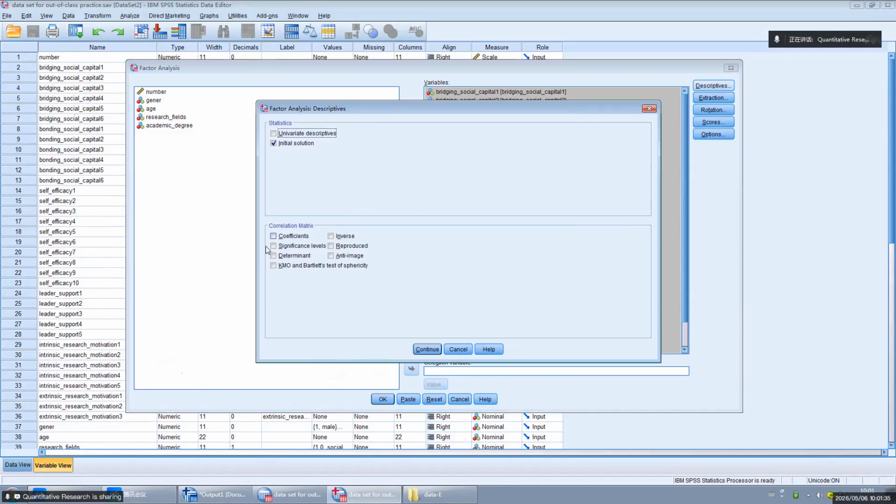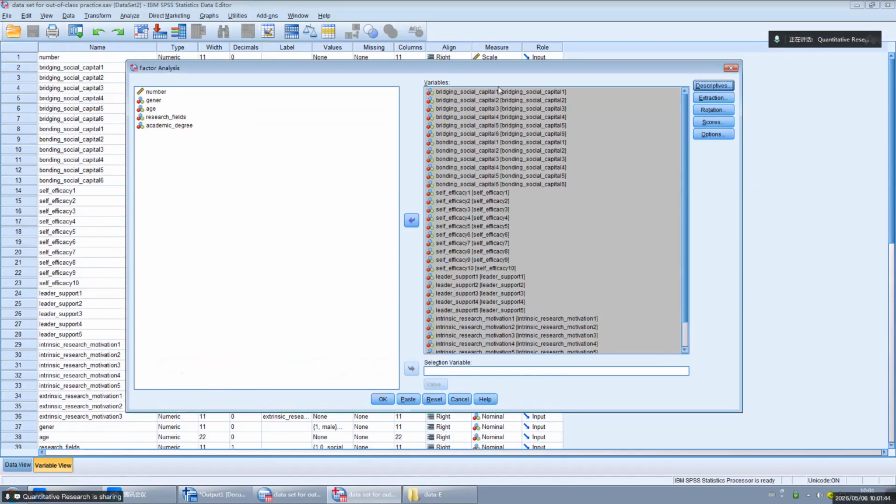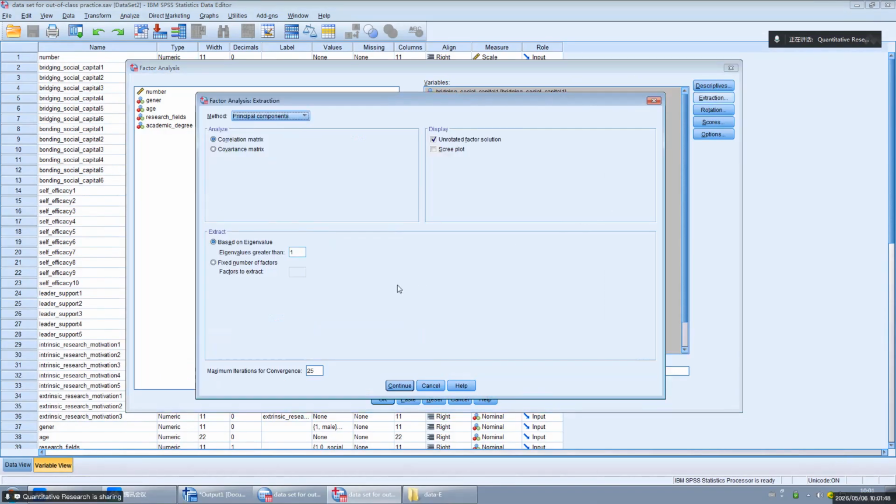And then we have to select KMO, then continue. For this part, no need to change because the eigenvalue is greater than 1.